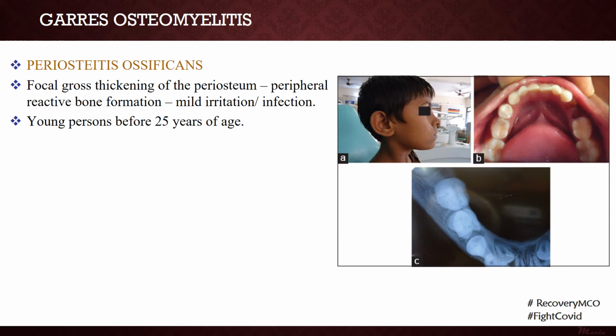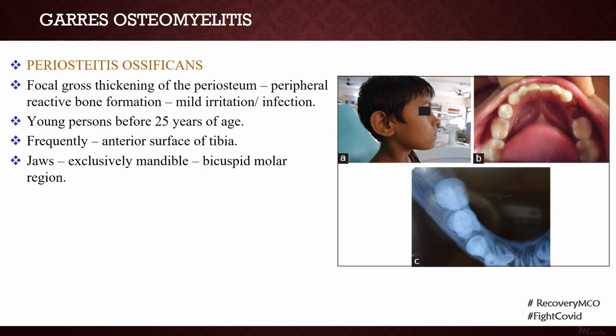Garre's osteomyelitis commonly occurs in young individuals who are below 25 years of age. In long bones, it affects the anterior surface of the tibia more frequently. Within the jaws, the mandible is the most common site, specifically the premolar area.